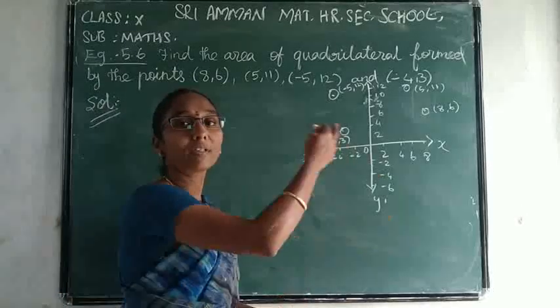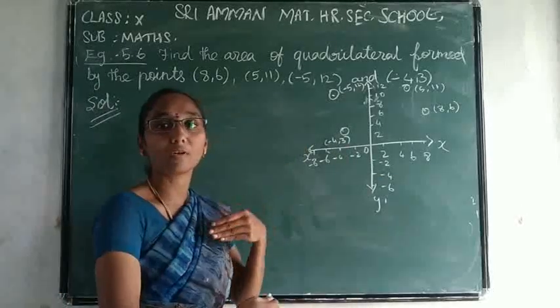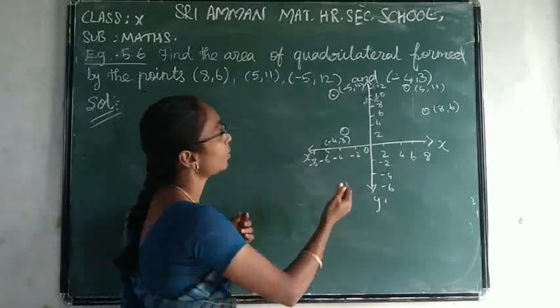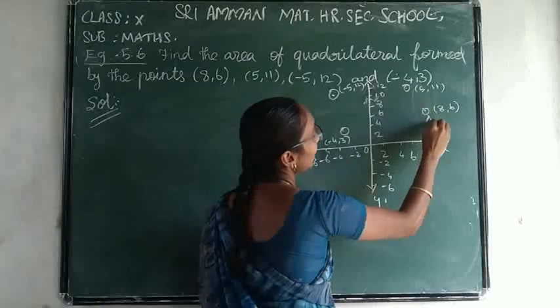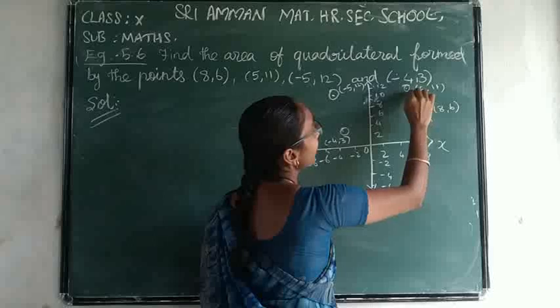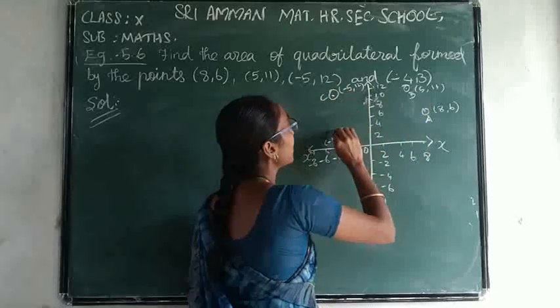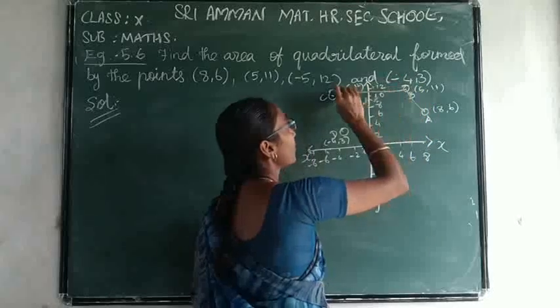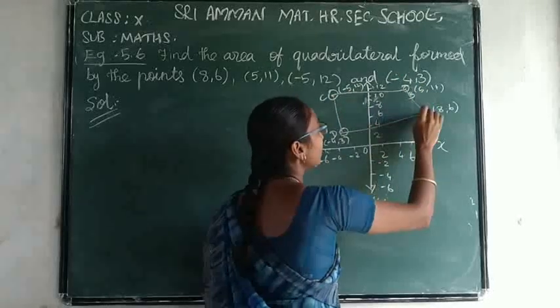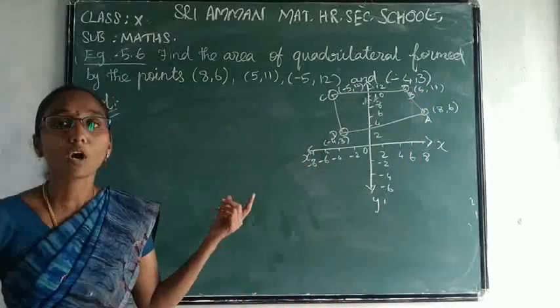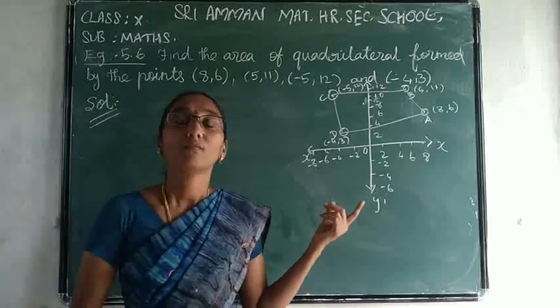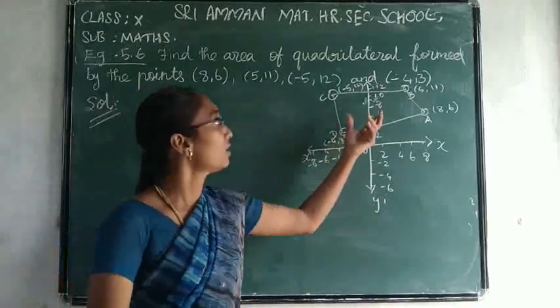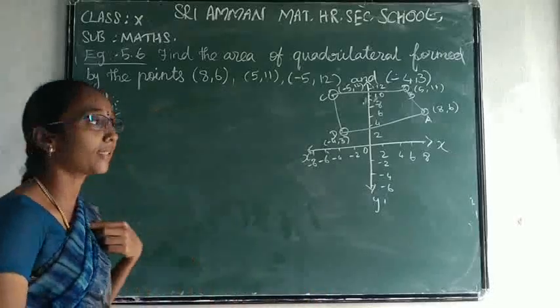Anti-clockwise means the opposite way of clockwise. So here I put the names A, B, C, D. Now joining these points, we get one quadrilateral. We are going to find the area of this quadrilateral ABCD.